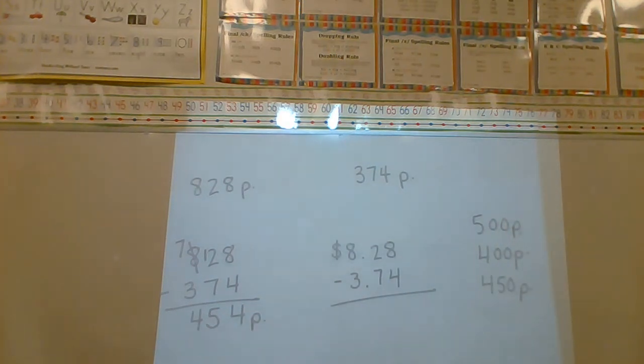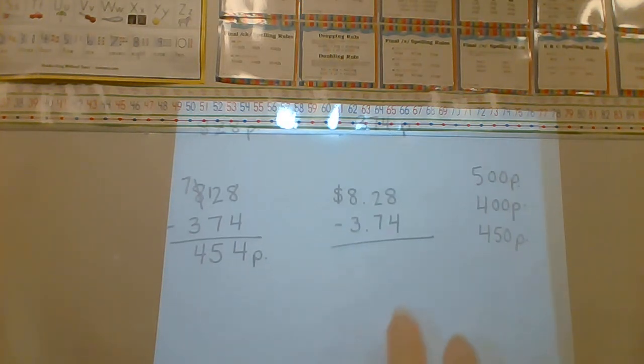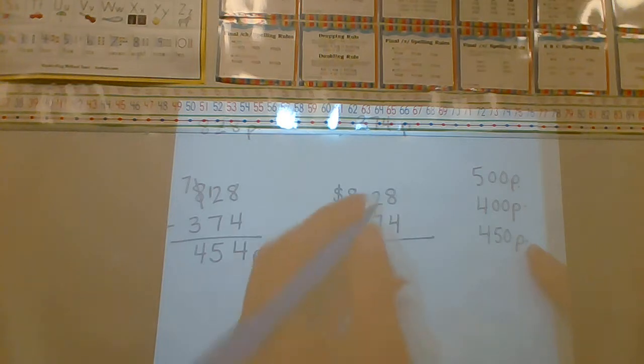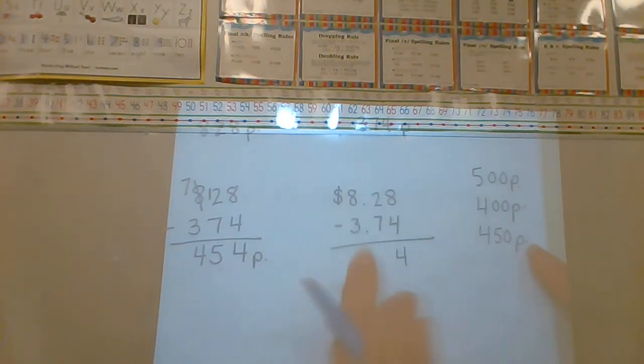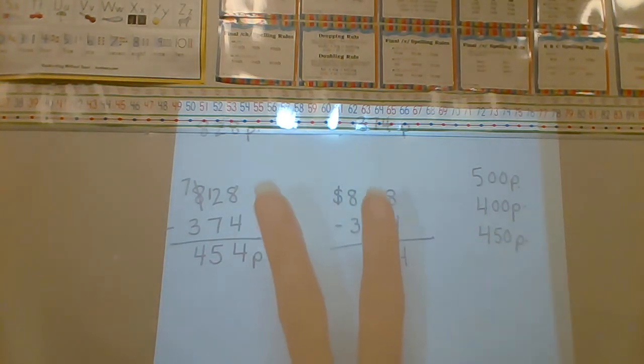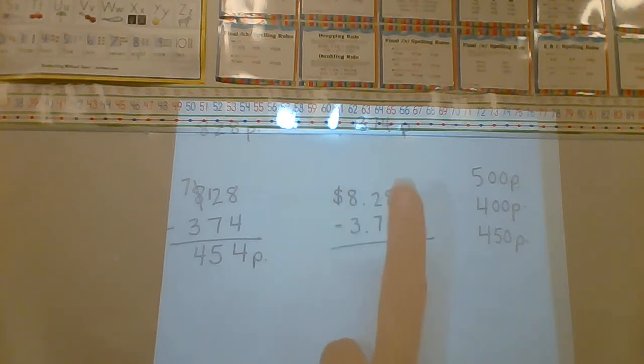Say it with me. Always subtract your ones first. What is 8 minus 4? Give you a hint. That's right. It's 4. And remember, we had 2, and if you have 2, you cannot take away 7. So we went next door and we borrowed.